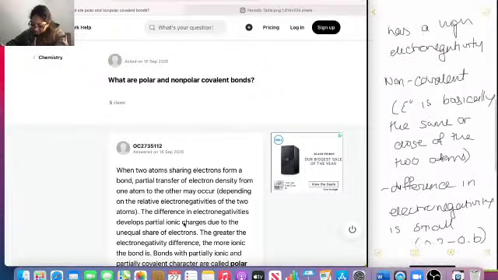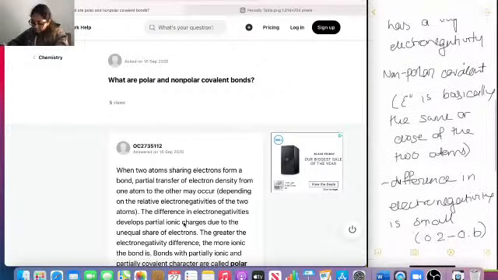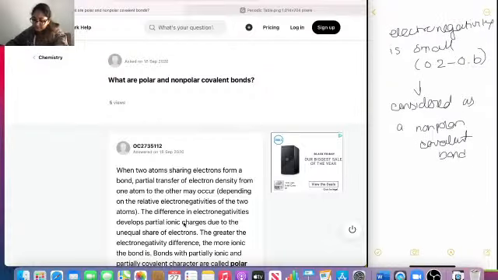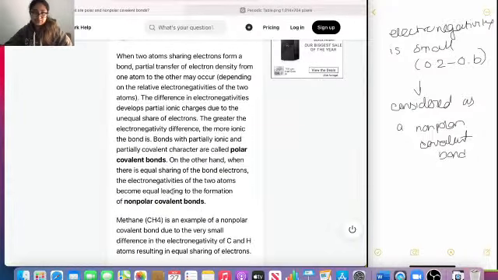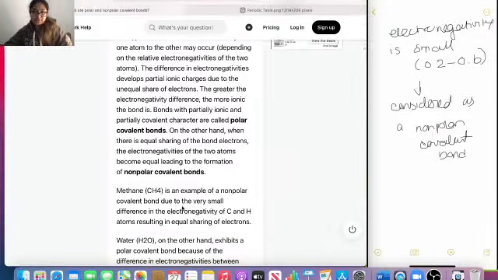I meant non-polar. The electronegativities are given in a chart, and that's where you can find them, then find the difference and determine if it's polar or non-polar. Bonds that are partially ionic and partially covalent are called polar covalent, whereas if the electronegativities of the two atoms are equal or have a difference of 0.2 to 0.6, they are non-polar.